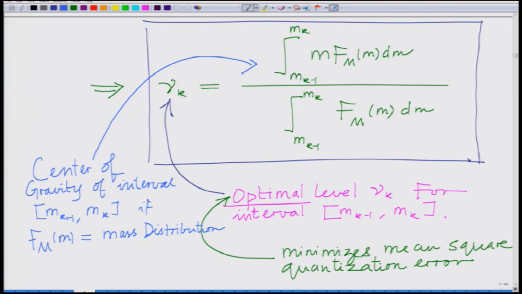As an analog from physics, you can think of it as the center of gravity corresponding to that interval.